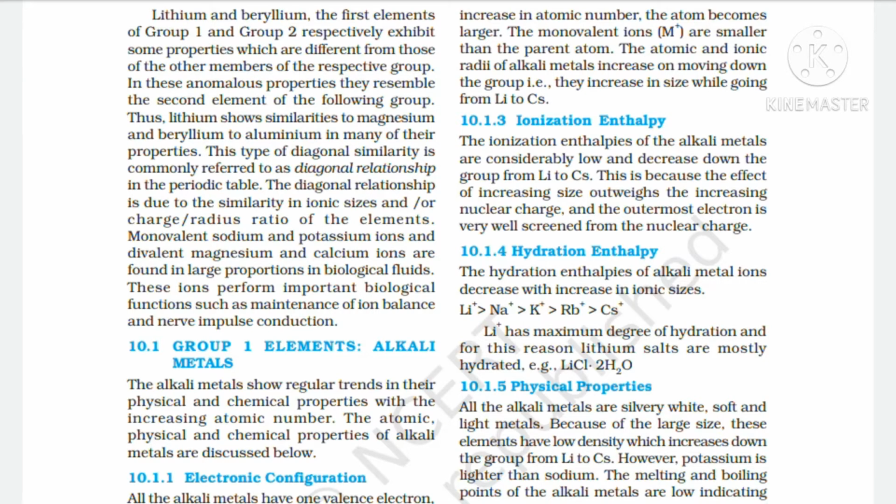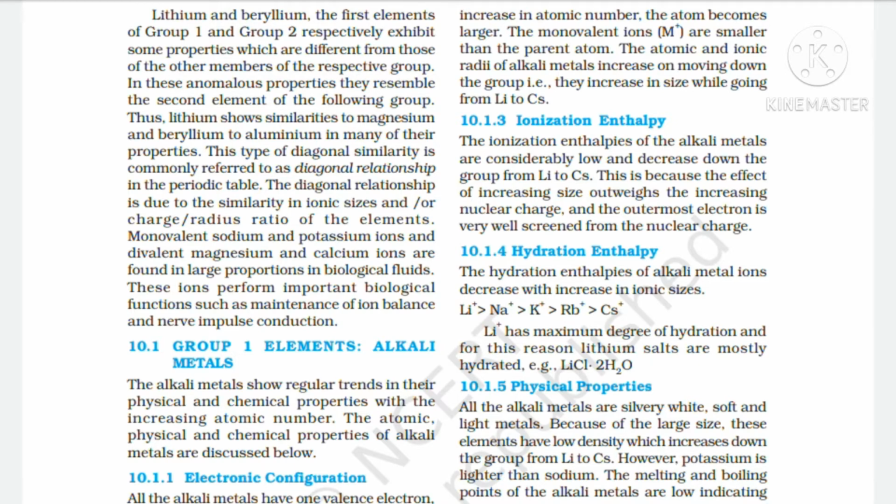Cesium, Cs: 1s2 2s2 2p6 3s2 3p6 3d10 4s2 4p6 4d10 5s2 5p6 6s1, or xenon 6s1. Francium, radon 7s1.